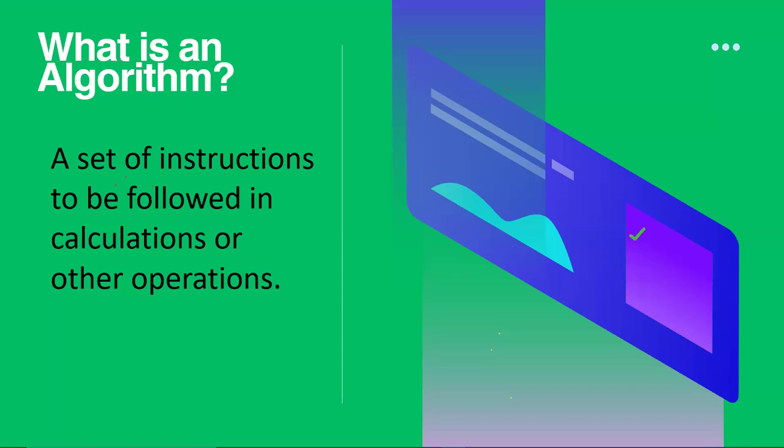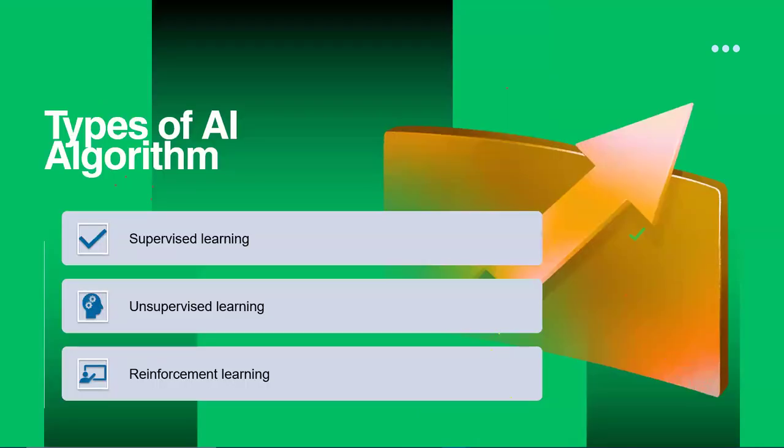And what are the types of algorithms that we have? There are basically three types of algorithms that power this AI system. The first one is supervised learning algorithms. We have unsupervised learning algorithms, and then reinforcement learning algorithms.